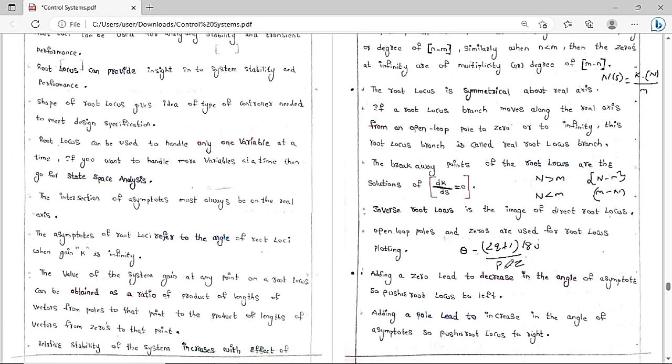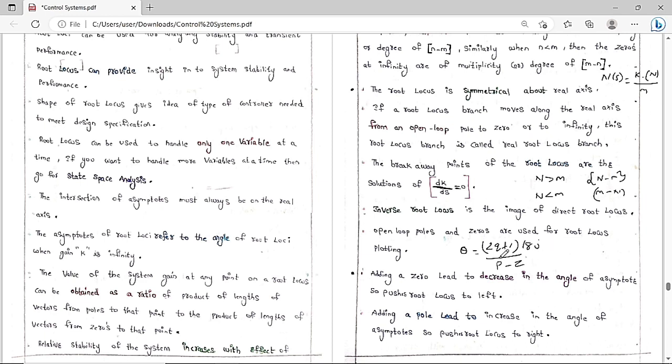Listen carefully. When Z is increased, meaning the number of open loop zeros increases, the denominator is going to decrease, so the overall angle is going to increase. Suppose the number of poles increases; then the denominator increases, so the overall angle decreases.